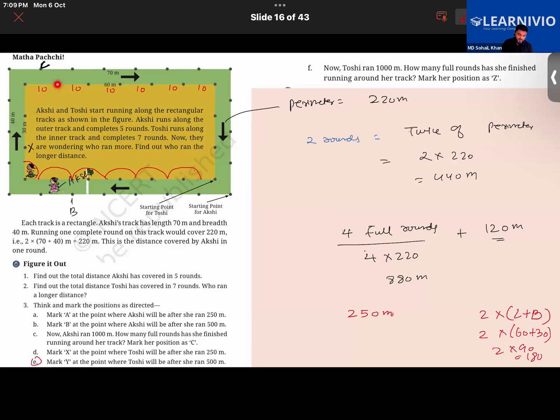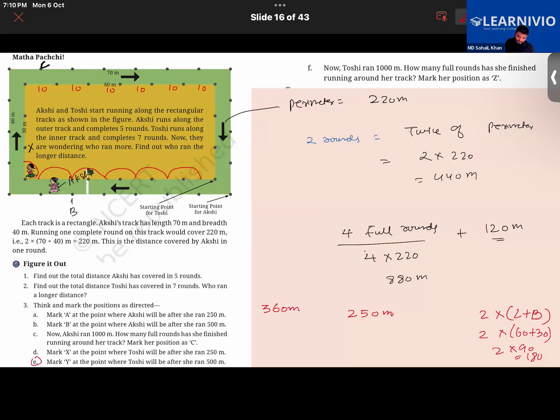One round is 180 meter. Two rounds is 360 meter. Three rounds is 540 meter. But we need to say where she is going to be after running 500 meter, right?